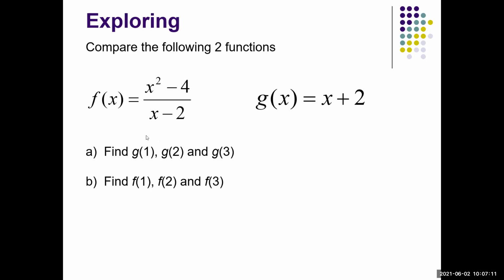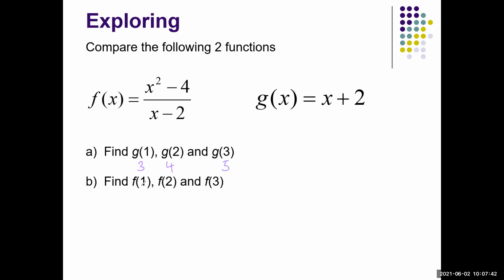When you plug 1 in, you get 3. So g of 1, you get 3, g of 2, you get 4, g of 3, you get 5 as an output.